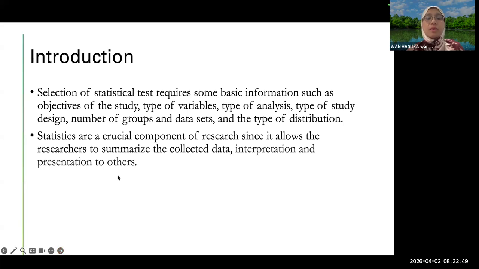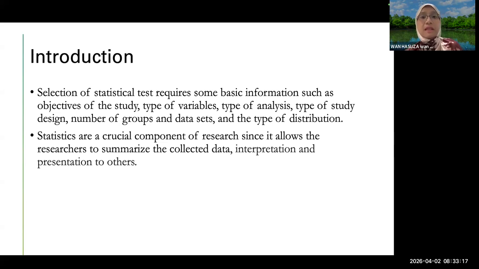What am I going to do at the end of this project, or at the end of my master's or my PhD? That is your objective of the study. So are you comparing, for example, pain scores between male and female? That is a research objective.